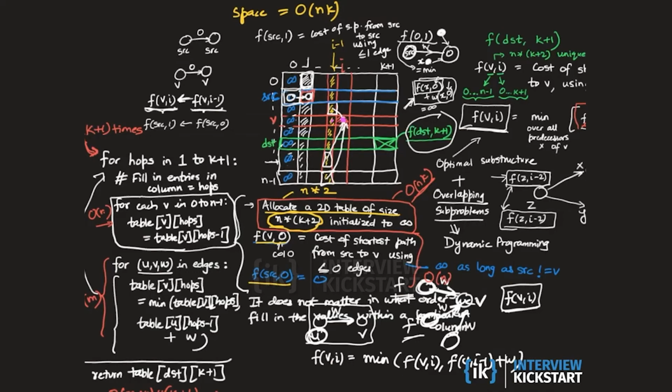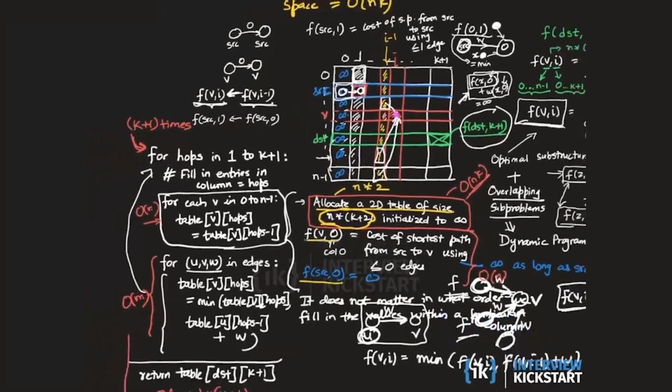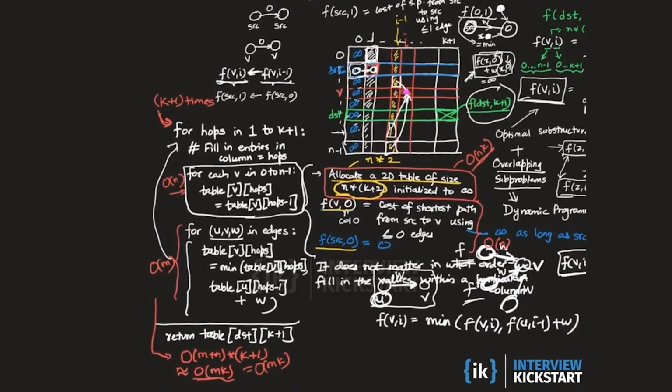But when we look at the main body of the code, we want to now work with just 2 columns instead of all the columns. So we will still have the column number going from 1 to k plus 1.